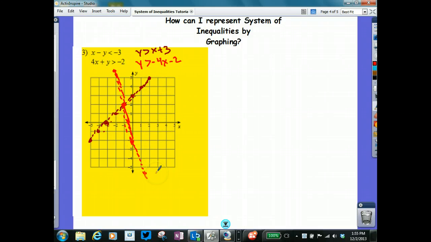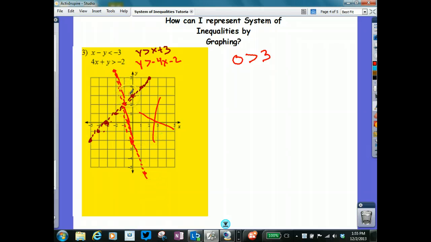It's a huge area, so I like to try those areas first. A lot of times they end up being a whole lot easier when you do that. But let's just try it. So I'm going to pick my coordinate pair. 0, 0 is in that one, so I can do that. So I'd have 0 is greater than 0 plus 3. Is 0 greater than 3? I don't think so. This whole area is definitely out.